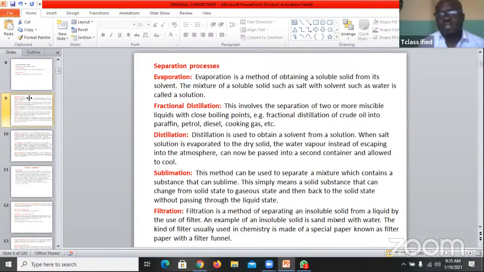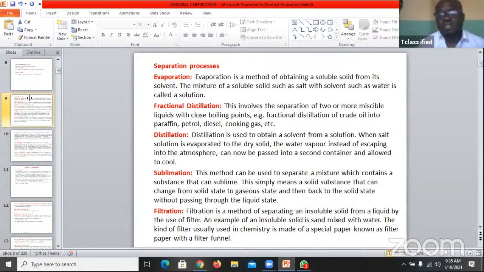So the solid is what you're looking for. But when what you're looking for is the liquid, the solvent, the water, then the best way is by using distillation. So you are also interested in that very liquid. So you don't just let the liquid evaporate and go.